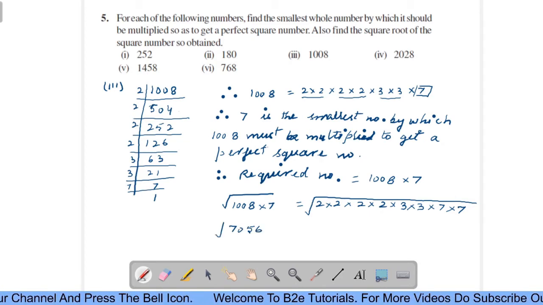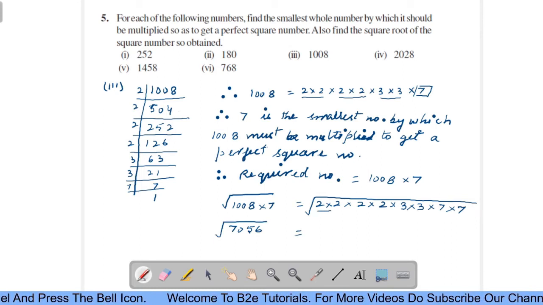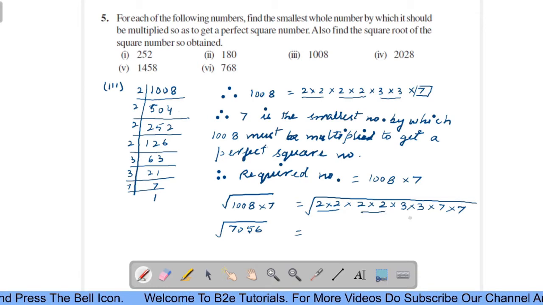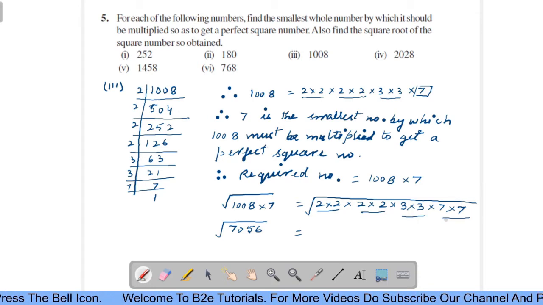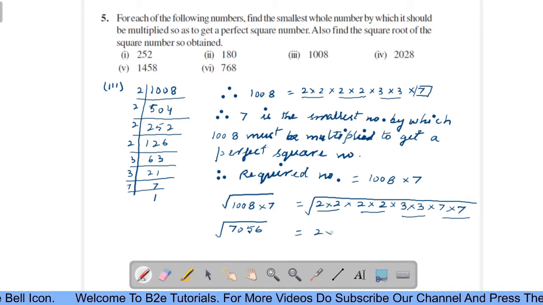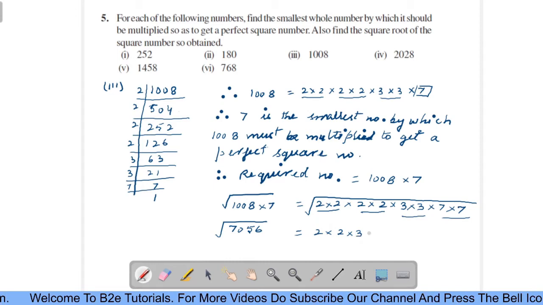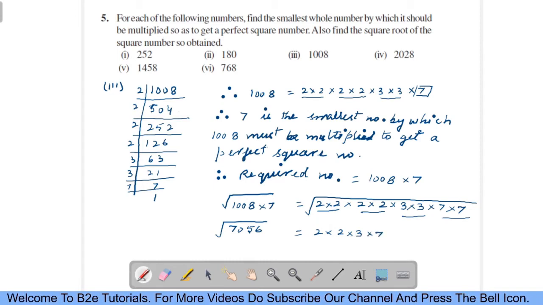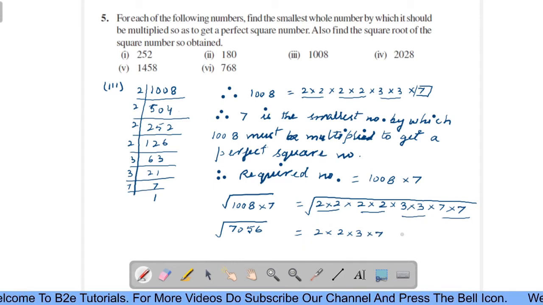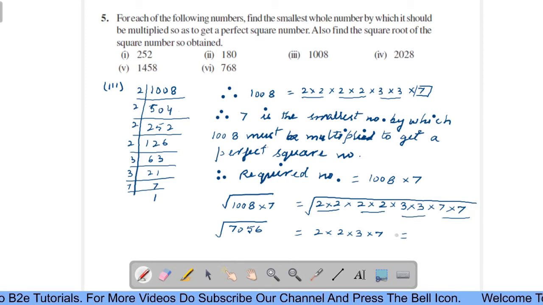The square root of this number will be, here make pairs of 2, take one number from each pair, that is 2 into 2 into 3 into 7. Multiply it, 2 4 ja 4, 4 3 ja 12, 12 7 ja 84.